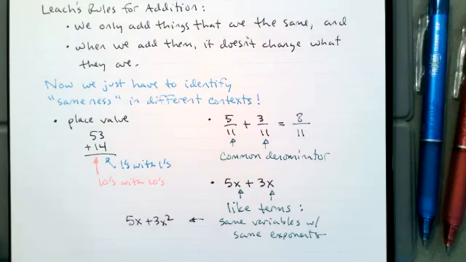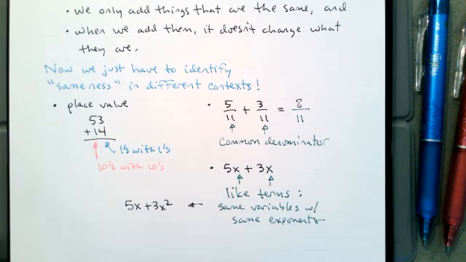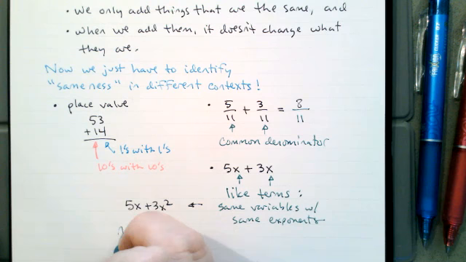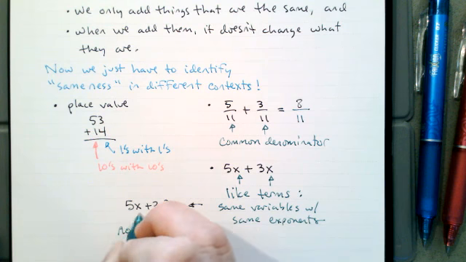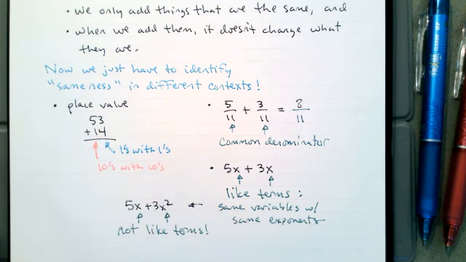They have the same variables, x's, but those variables don't have the same exponents. One's an x to the first, the other one is an x squared. So that makes them different, not like terms. So x and x squared, those are different.